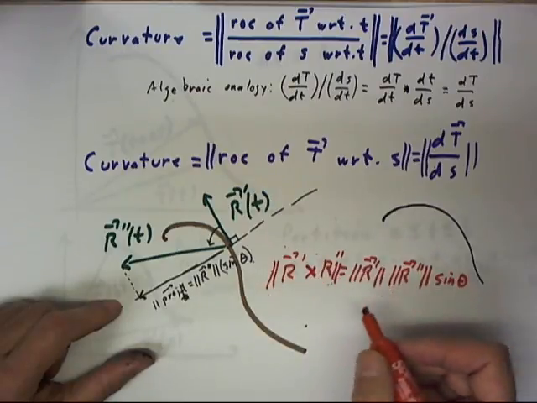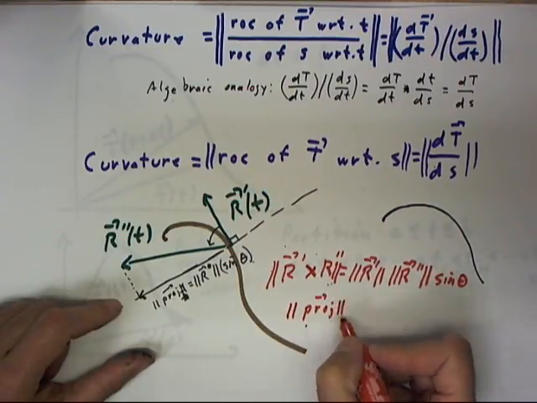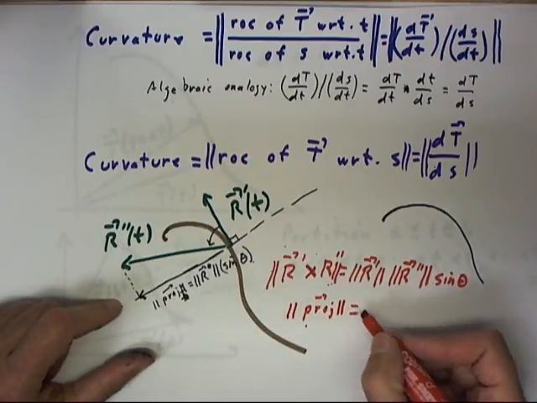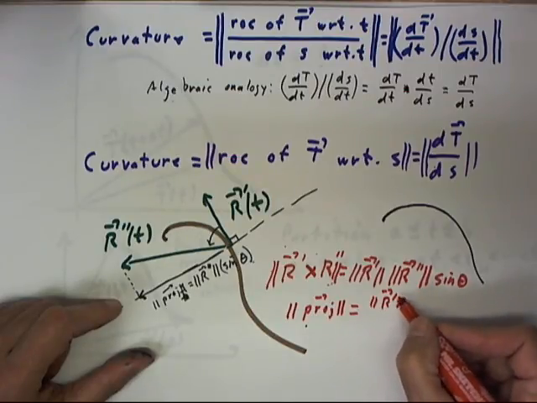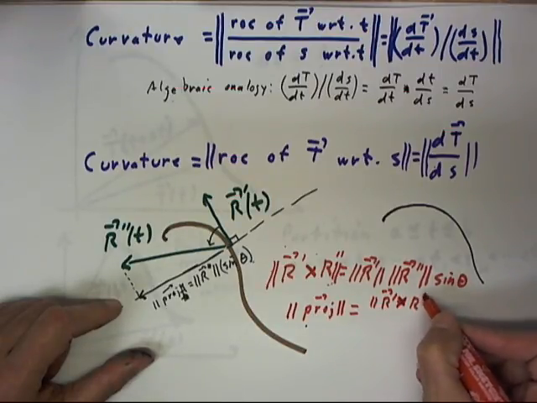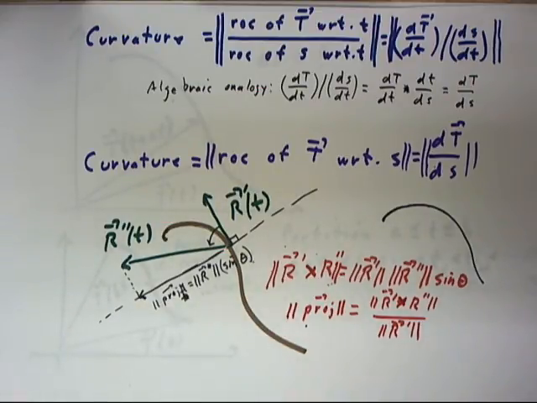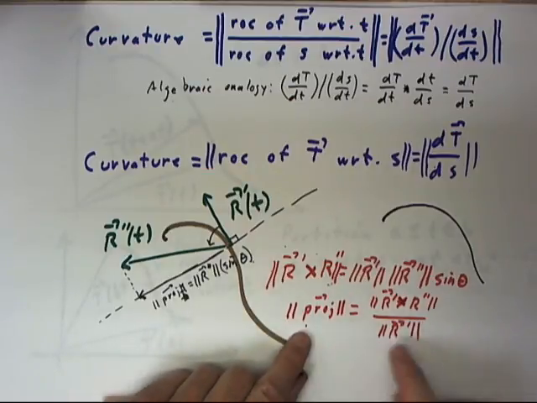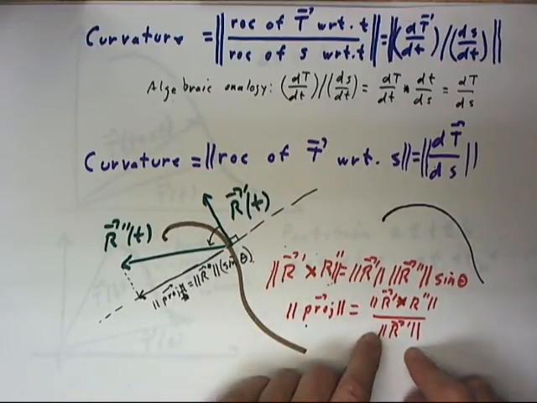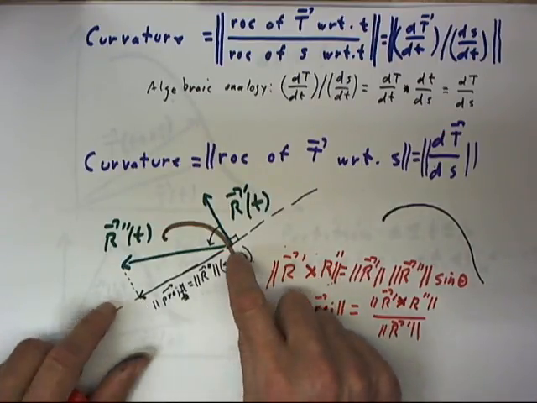So the magnitude of this projection vector that we haven't yet named and haven't yet calculated is nothing but the magnitude of r prime cross r double prime divided by the magnitude of r prime. Okay, so we're going to use this fact in a minute to come up with a formula in terms of r prime and r double prime and its cross product for calculating the curvature.